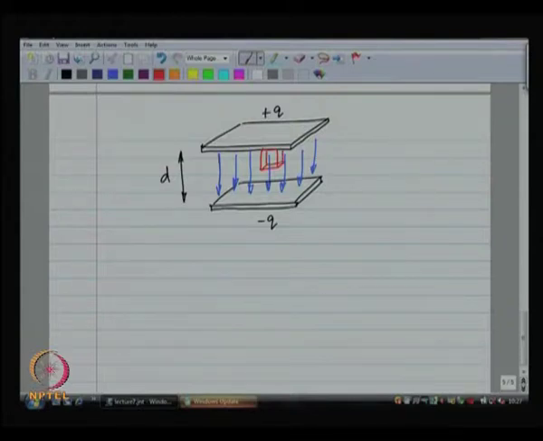Okay. The field lines are all going straight. If the area of the surface is A and the electric field is E, then the total flux, the total area times the field that is coming out, is A times E, and that is equal to the charge enclosed divided by epsilon naught.